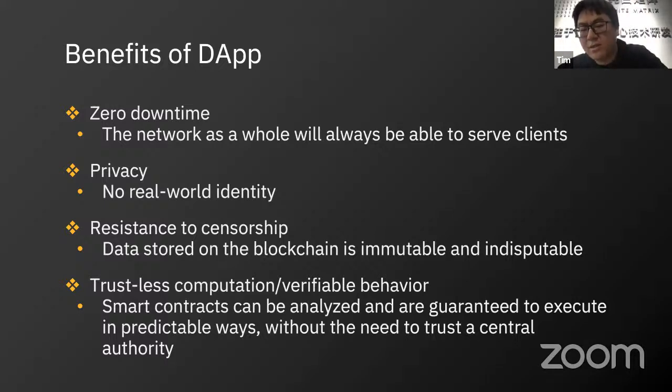This is not true in traditional models. For example, when we use an online banking system, we have to trust the financial institution that they will not misuse our financial data, tamper with records, or get hacked. But if they betray your trust, then your data is lost, so your money is lost.